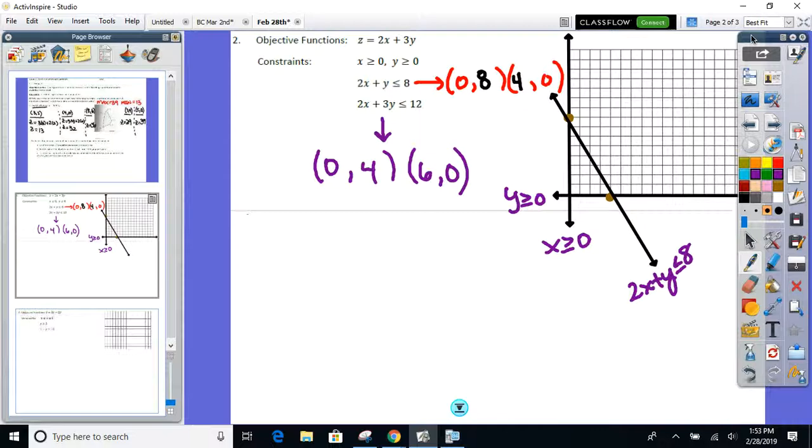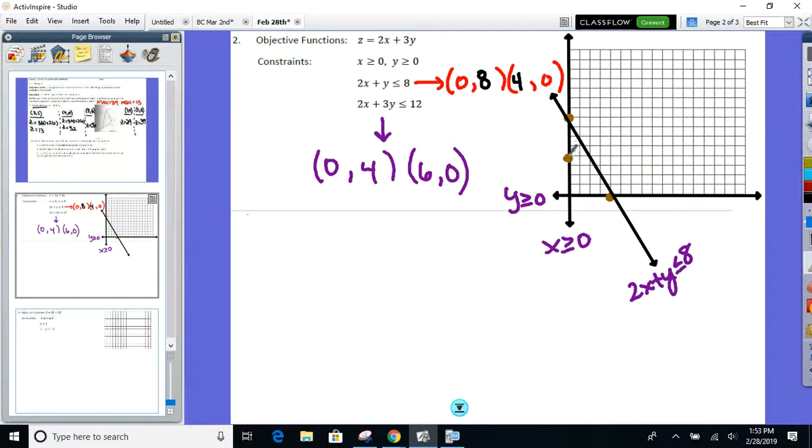With one more line to go. So the only way I'm going to shade is somewhere in here. All right, go ahead, graph the last one. I got 0, 4. And I got 6, 0.